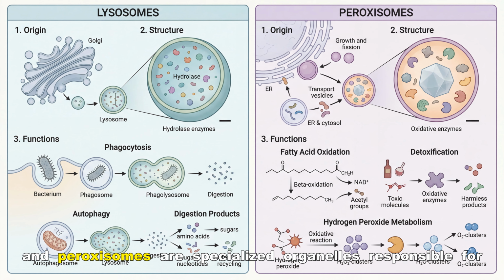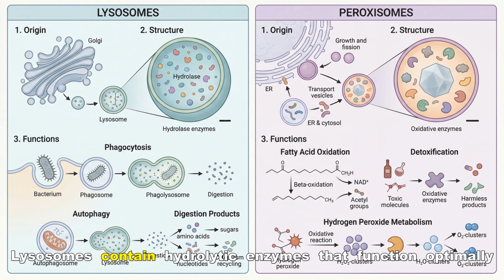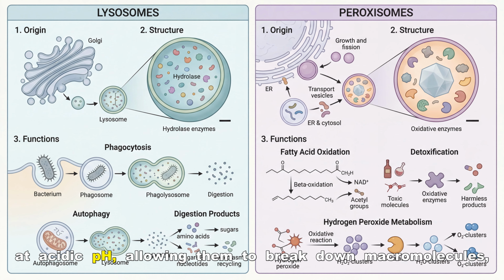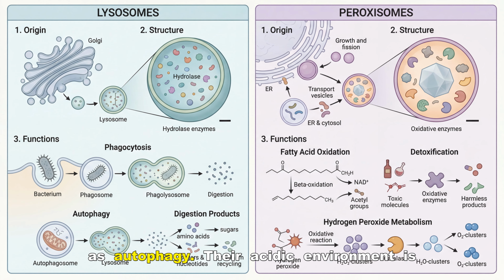Lysosomes and peroxisomes are specialized organelles responsible for intracellular digestion and detoxification processes. Lysosomes contain hydrolytic enzymes that function optimally at acidic pH, allowing them to break down macromolecules, damaged organelles, and pathogens in a process known as autophagy.